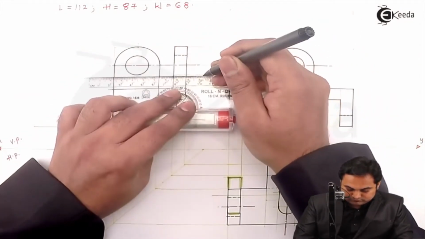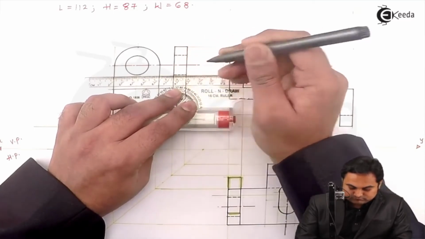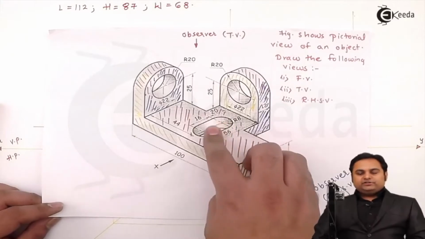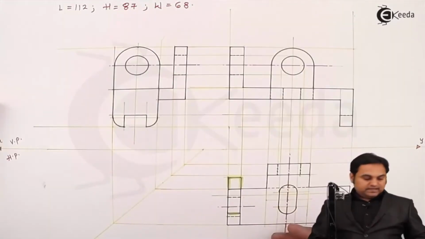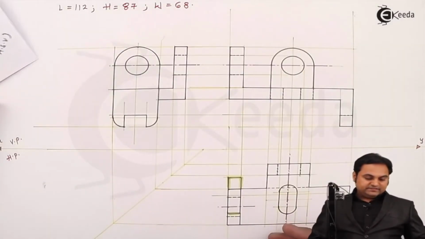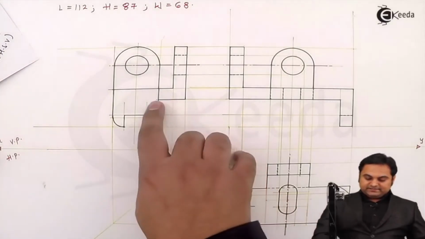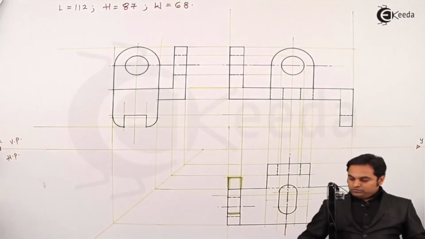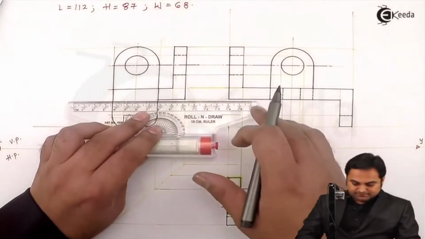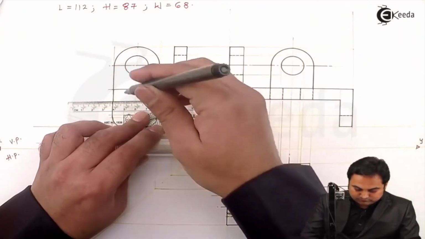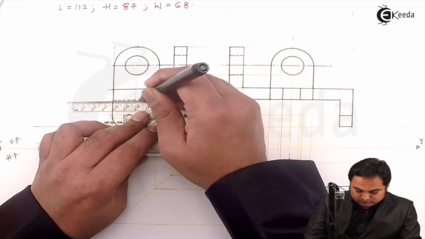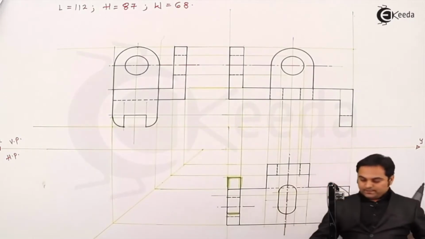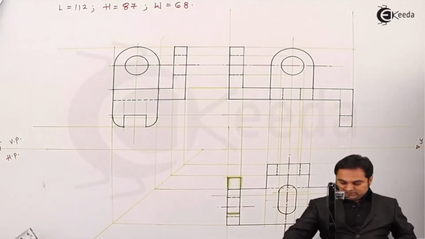When looking from the side, this slot is also hidden, won't be seen from the side view, and that slot is inside this plate. First, I'll extend this line because it is there throughout, so it will be hidden. And inside this plate, this slot is there, so I'll just project it.